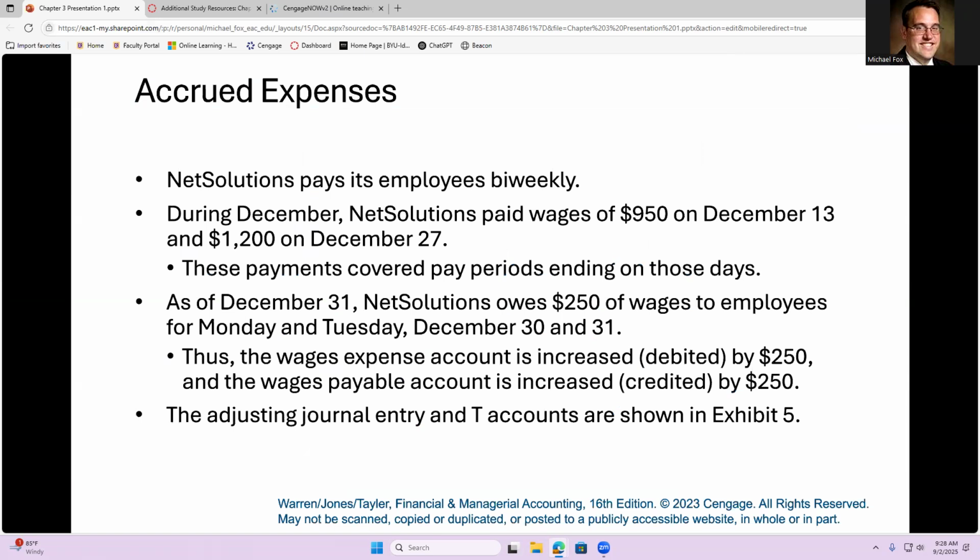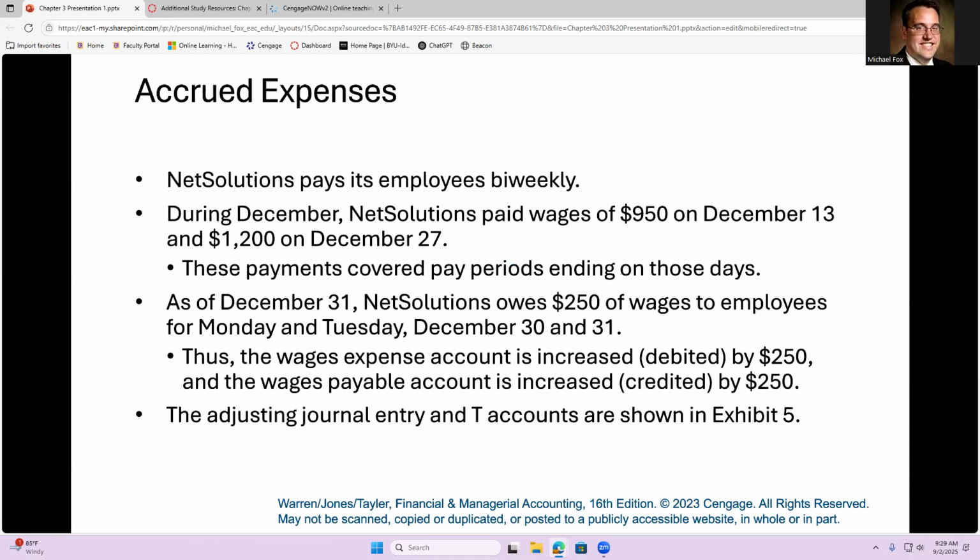Sorry. All right. So accrued expenses. One of the more common ones is payroll. This happens because, like here at the college, we get paid every other Thursday. So at the end of the month, the college has to record how much wage expense they've incurred, even though it's in the middle of a pay period.